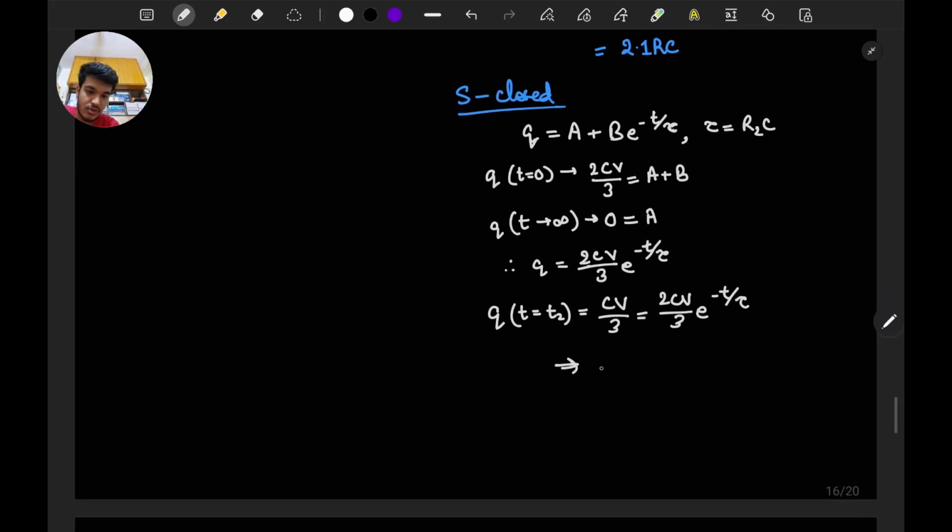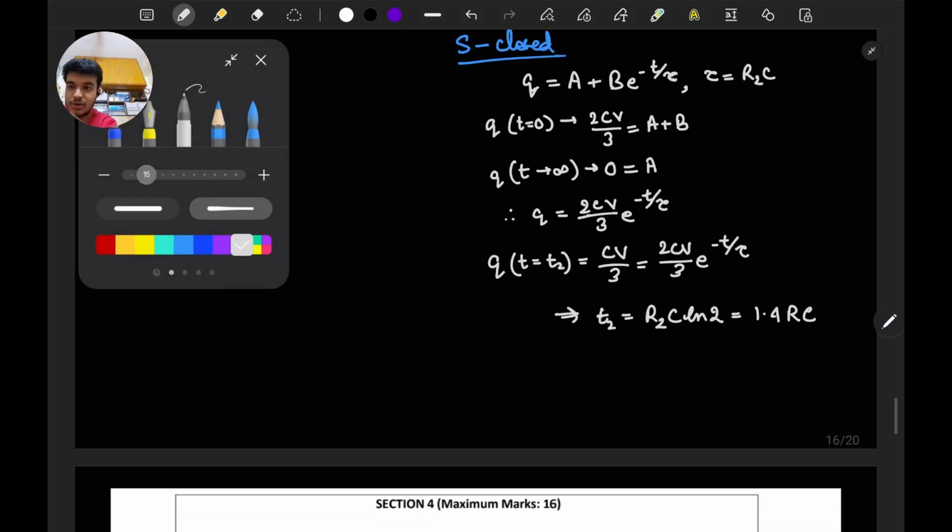So my T2 from this equation would come out to be R2C ln 2, which is equal to 1.4 RC.